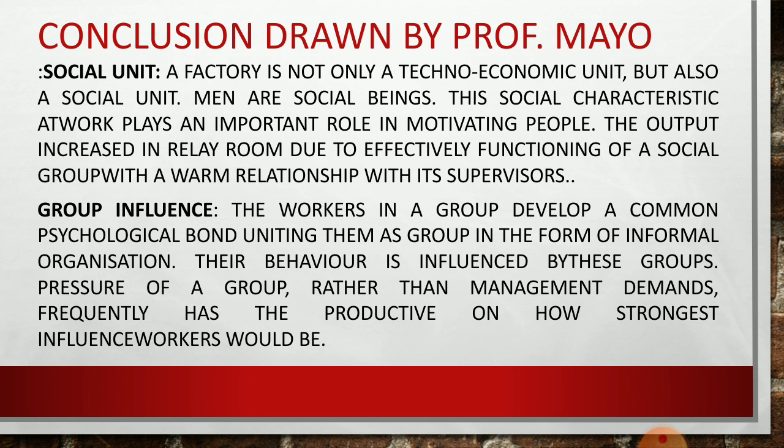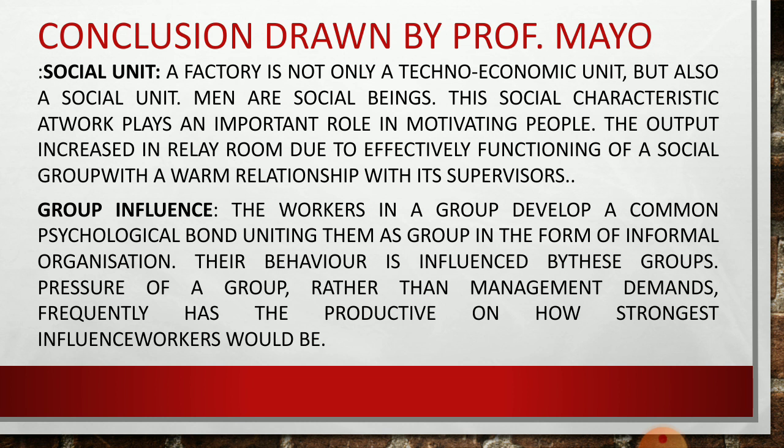The output increased in the relay room due to the effective functioning of the social group with a warm relation with its supervisor. In short, Professor Mayo gave importance to human relationships in the organization, and when we create a good relationship, workers will definitely increase their production.